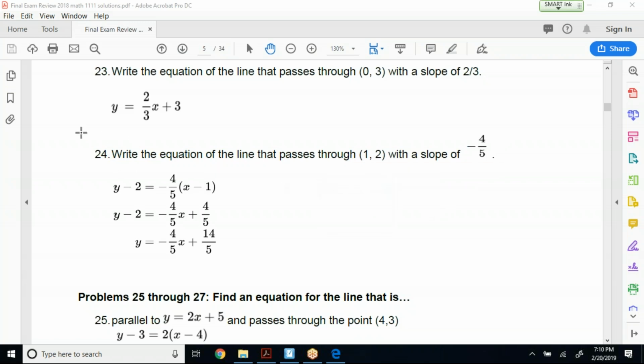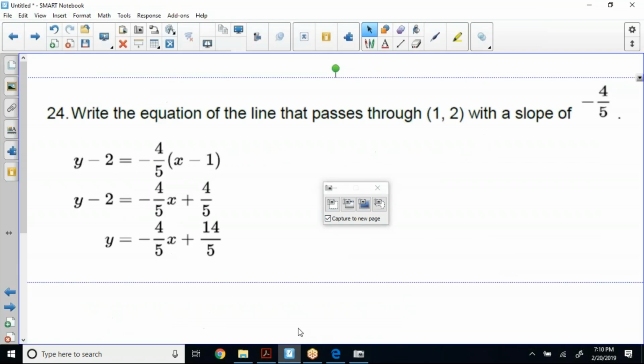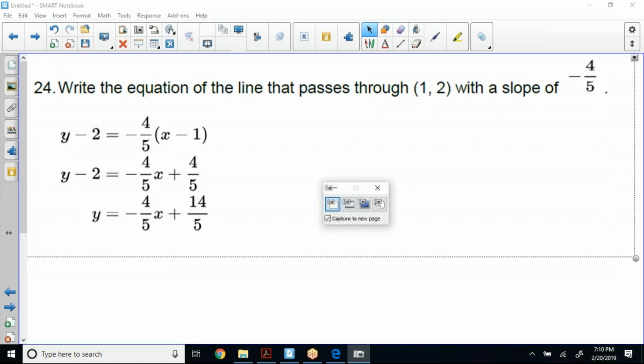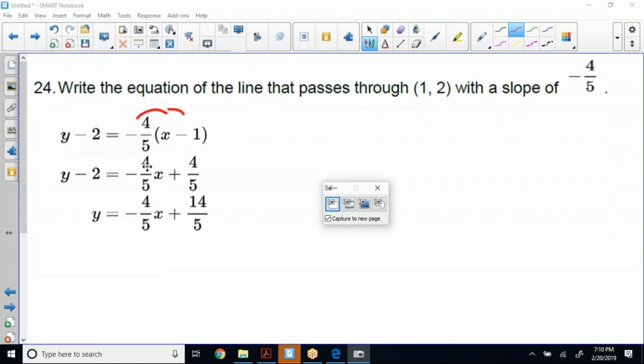I'm just going to do this. Okay. I just copied this over. Write the equation of the line that passes through (1, 2) with a slope of 4/5. So, do you see that the 2 changes sign and the 1 changes sign? And then when you distribute through, you get negative 4/5 x plus 4/5, and you got the minus 2, right? Well, you're going to add 2 to both sides, right?